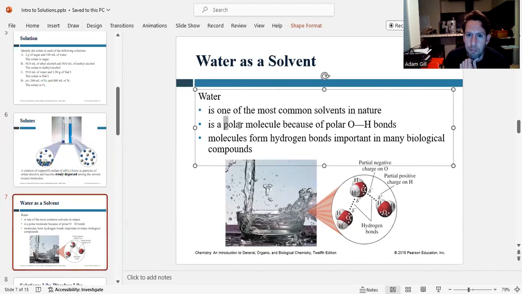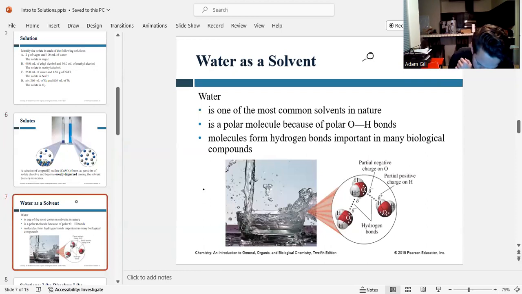And water is a polar molecule. So recall that water has oxygen connected to two hydrogens, and there's two lone pairs on the oxygen. And because oxygen is more electronegative than hydrogen, you get a dipole where oxygen is pulling the electrons towards itself. And so each of these bonds is polar. And so the net dipole is going to be right up the middle.